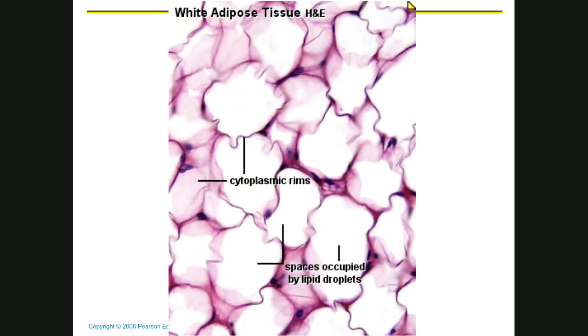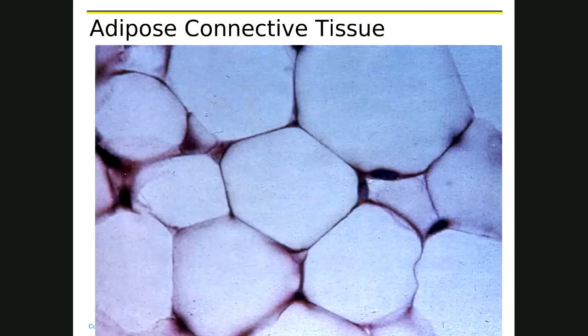Now, if you look at this picture, look how weird the cell shape looks. That's because the fat has been removed. And when you remove the fat, the cells sort of shrivel a little bit. So you can see how they look shriveled. When the fat's in there, they look like this. They're plump.